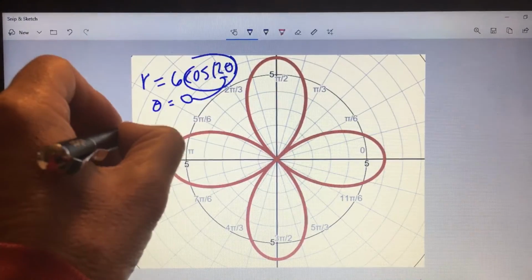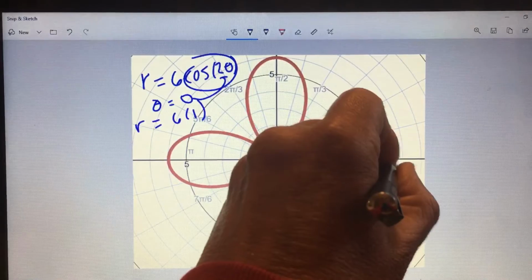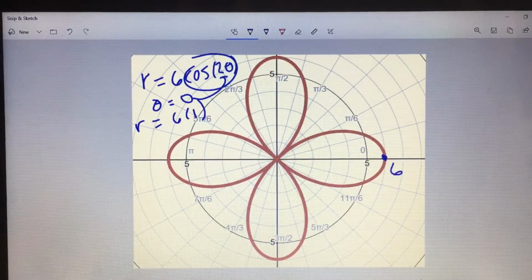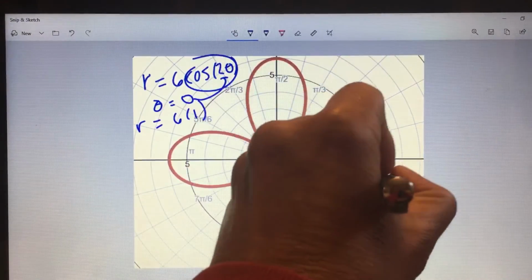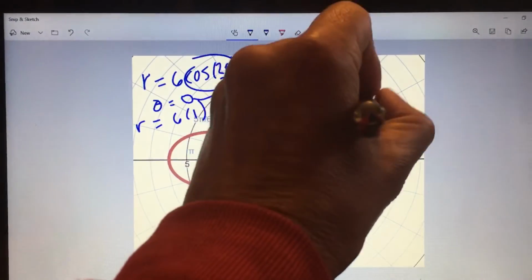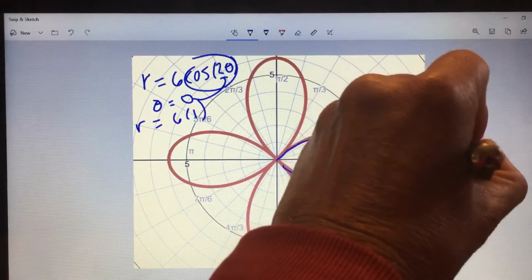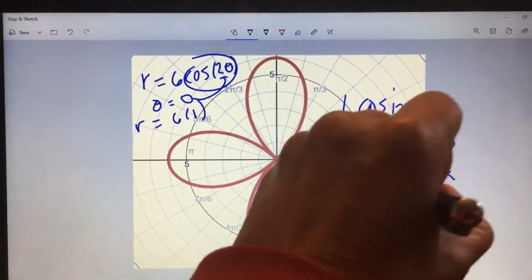So if I plug 0 into here, I would get 6 times 1, which means at 0, this petal goes out to 6. And the thing is that cosine of 0 is always 1, so a cosine always has a petal here.